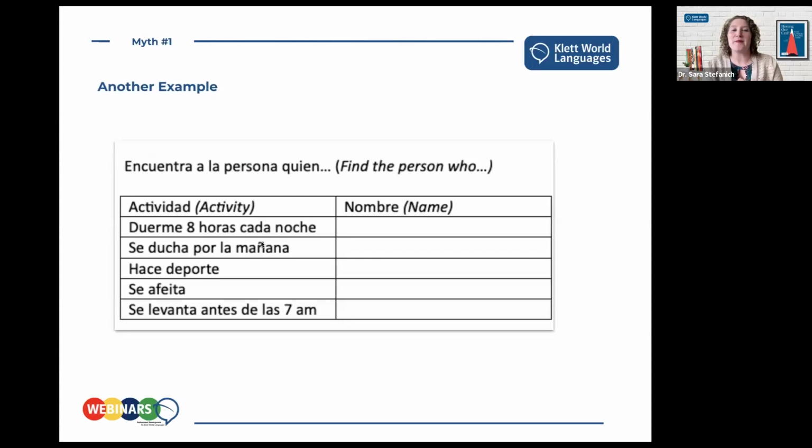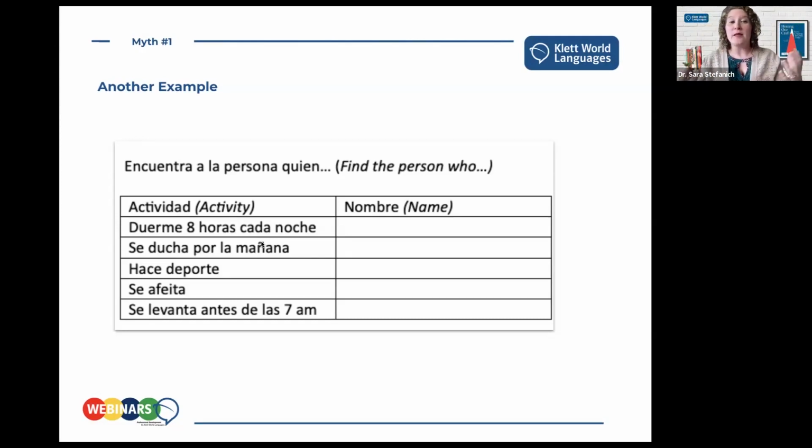Another example, this is also an activity that I myself have done so many times in my teaching career, because again, you think, awesome, we're setting my students up, this is going to be great. This is one of those activities where students walk around the room interviewing their classmates. They have to find the person who does each activity, so you've got a list of activities and spaces for them to sign their name.